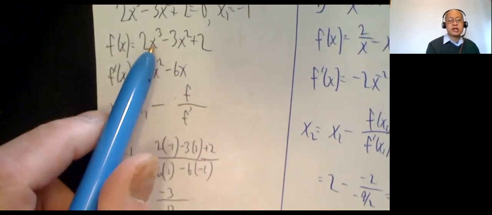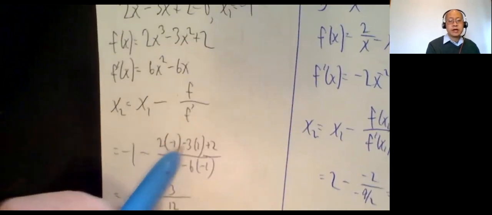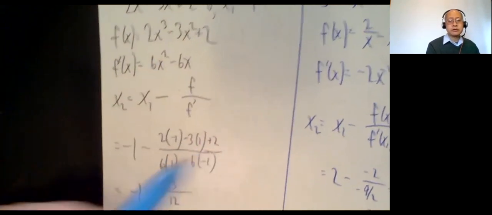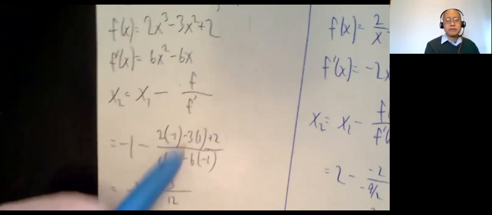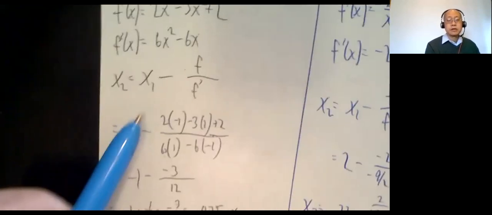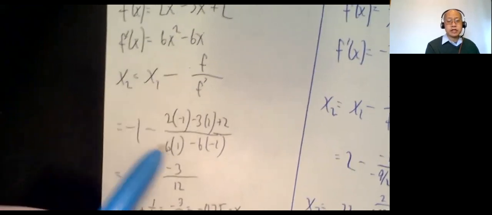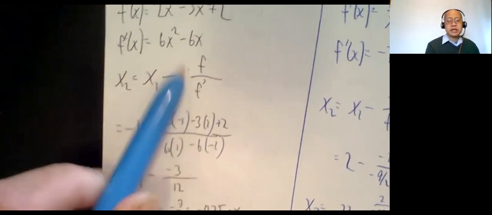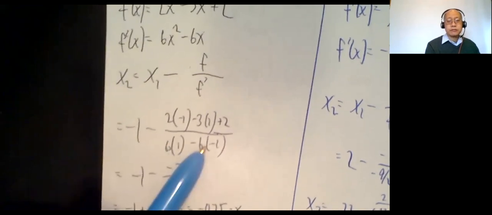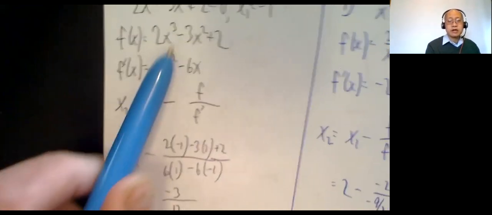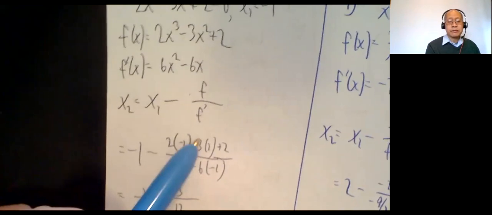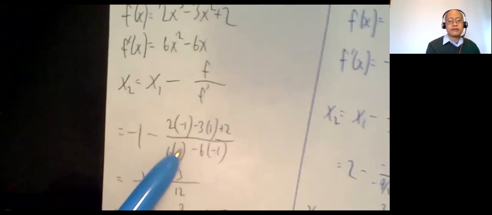Okay, -1 cubed is -1. -1 squared is 1 plus 2. And then in the bottom, I put f prime. Okay, so -1, -1 squared is 1, 6 times 1, minus 6 times -1. Okay, so put -1 for the function on top, put -1 for the derivative on the bottom.